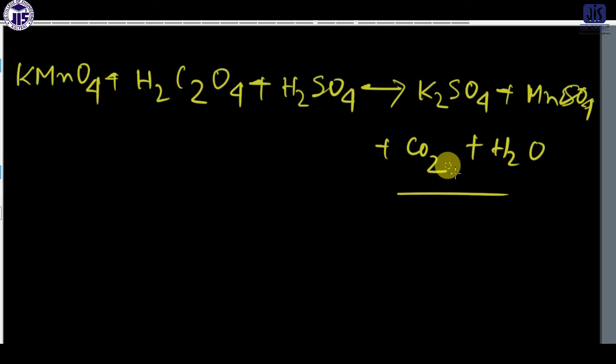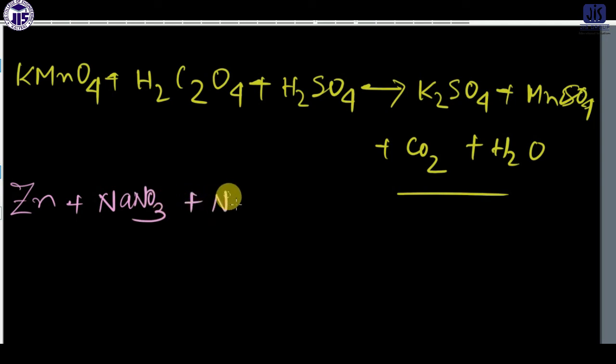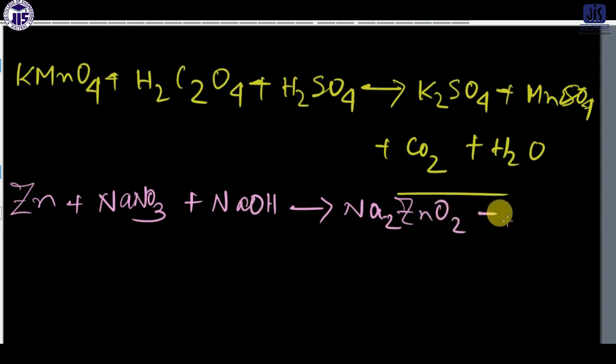Then I can give you another example in basic medium, where you have to add OH-. By adding OH-, you have to balance the hydrogen and oxygen properly. Like Zn, a very common example: Zn plus NaNO3 plus NaOH produces Na2ZnO2 plus NH3 plus H2O.